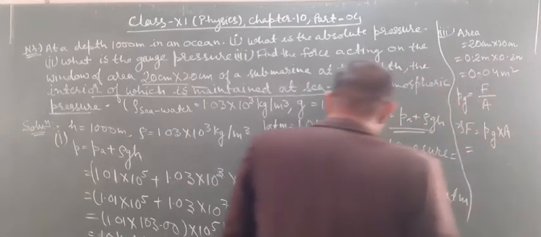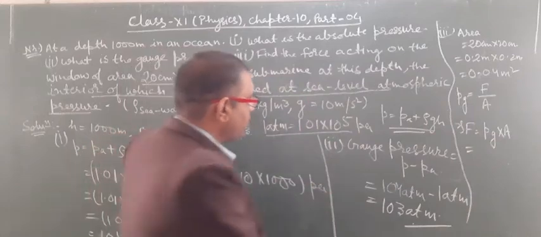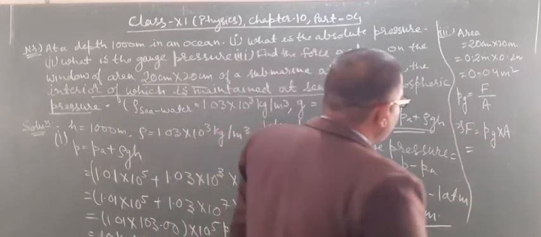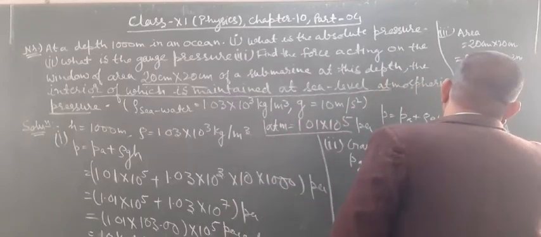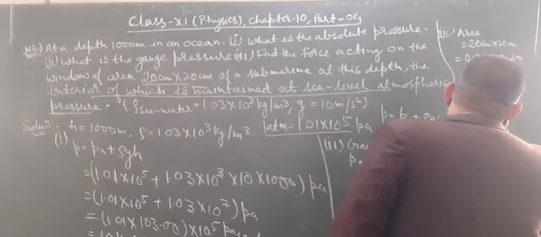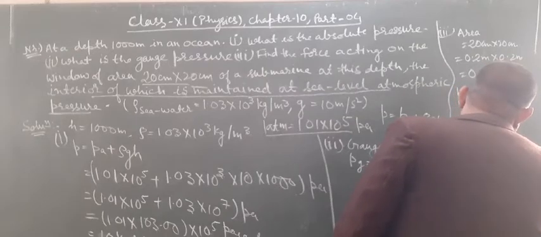P_G we had calculated as gauge pressure, 103 atm. So it is equal to 103 into 10 to the power 5 into 10 into 10 into area 0.04 meter square.